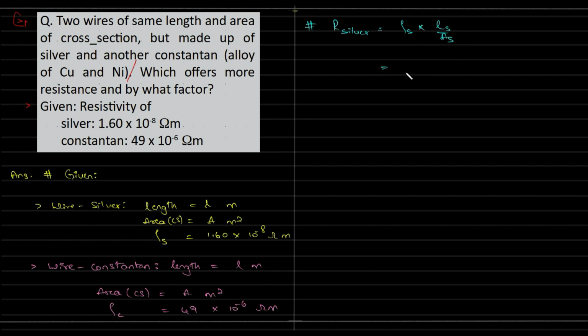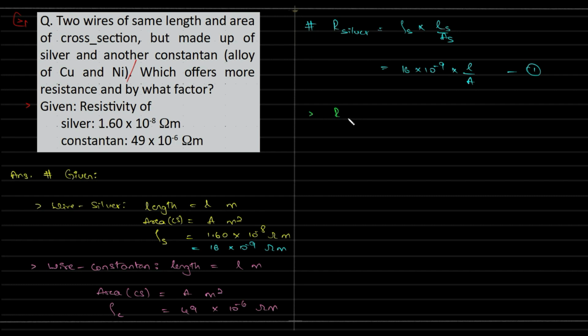Silver, this is 1.6 into 10 to the power of minus 8. Okay, I made a mistake. I should have converted just this to 16 into 10 to the power of minus 9 ohm meter. Okay, so we need that. 16 into 10 to the power of minus 9 L by A. This is equation 1.